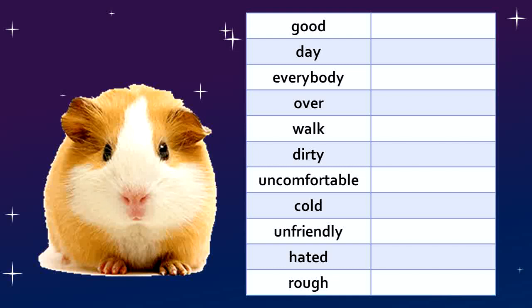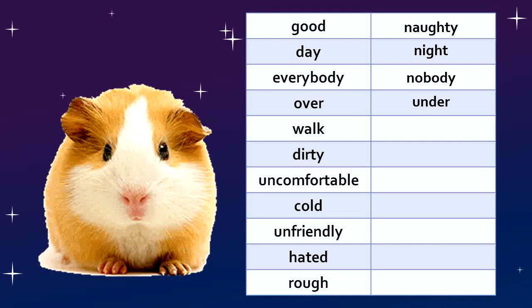Now, what is the opposite of good? It can be bad, but in this paragraph, we know naughty would fit better. The opposite of day we know is night. Everybody. And what is the opposite of everybody? Yes, nobody. Over and the opposite is under.